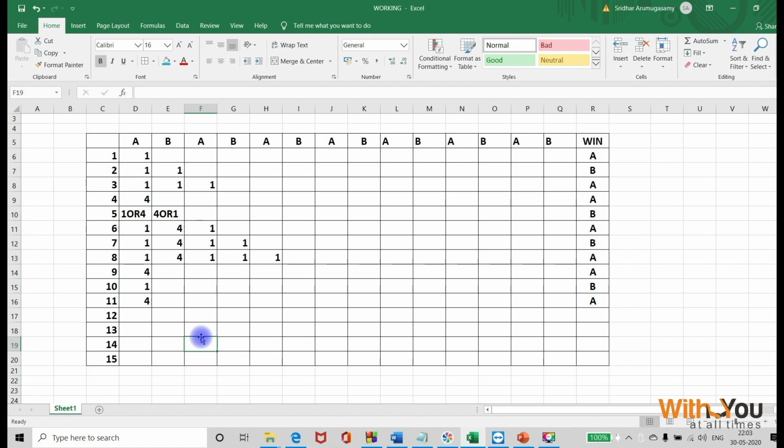So let us just continue with the next one. 12. What would be the option? She can play 1 and the game becomes 11. If the game becomes 11, the starter wins.